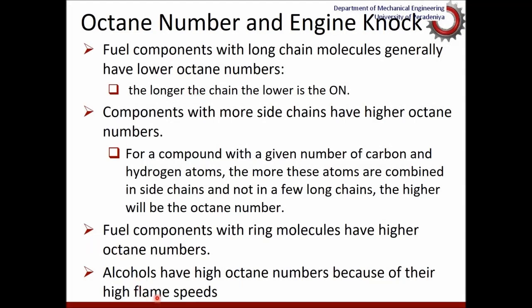And again, for fuels like alcohol, methanol, ethanol, naturally the flame speed is higher. Accordingly, the burning rate is high. Therefore, the octane number is high. So if you run a gasoline engine with ethanol, you could advance the spark to get more power out of the engine.